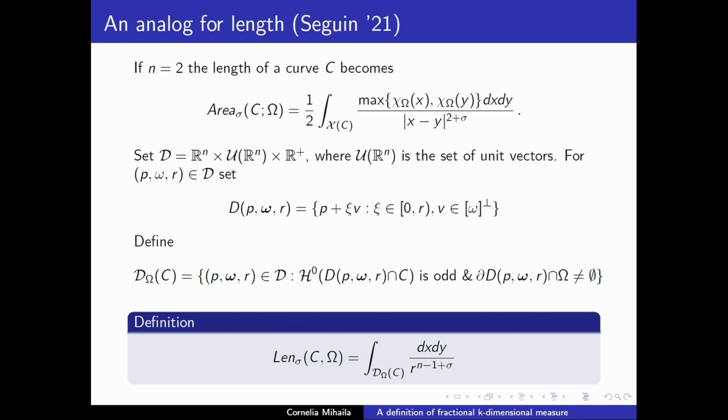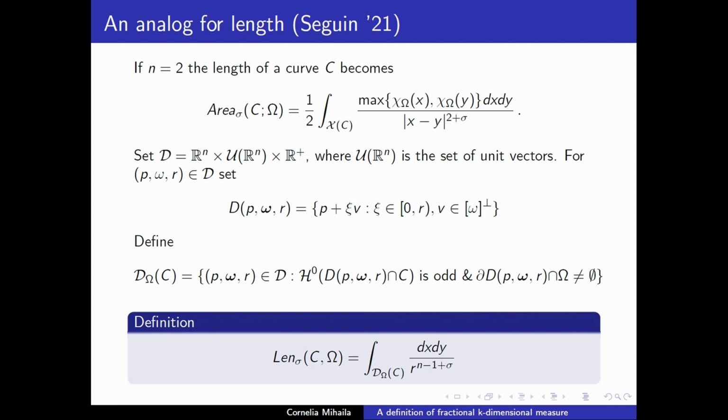And so we define, I said before, I don't like even intersections, I don't want infinite intersections. We define calligraphic D sub ω for my curve C to be the set of triples so that the intersection between this corresponding disk and my curve is odd, and I'm going to avoid the need to have that maximum anymore, and I'm just going to assume that the boundary of my disk somehow has a point within ω, just to make sure I didn't escape.